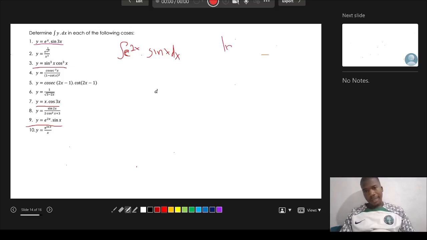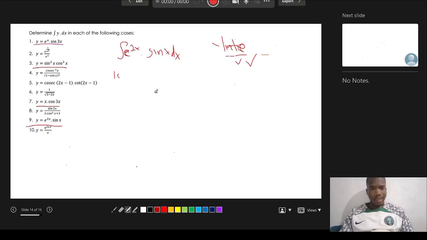So we use LIATE to solve the problem that we are presented with. We check for the logarithms, the inverse trigonometric functions, the algebraic functions, trigonometric functions, and the exponential functions. So here, we have trigonometric functions and we have exponential functions. So what comes first? It is the trigonometric function.